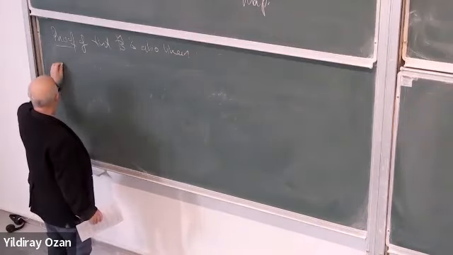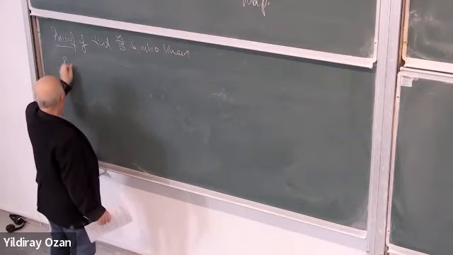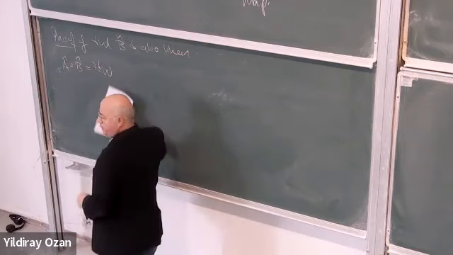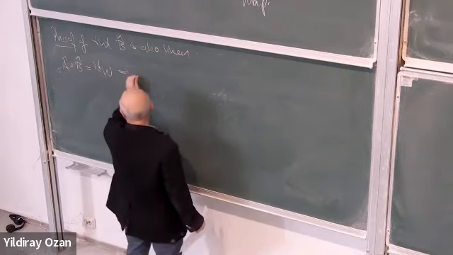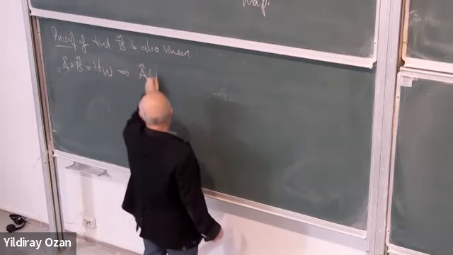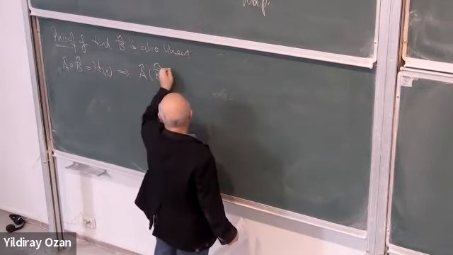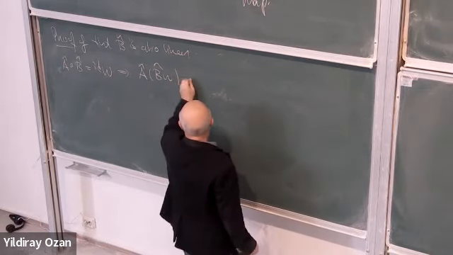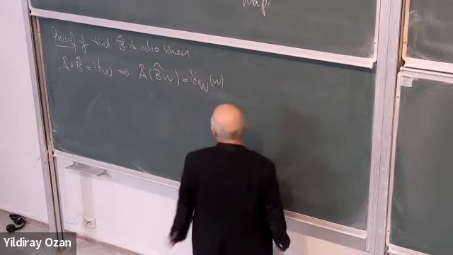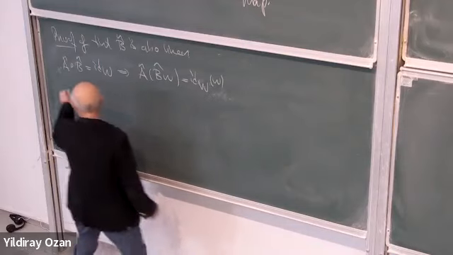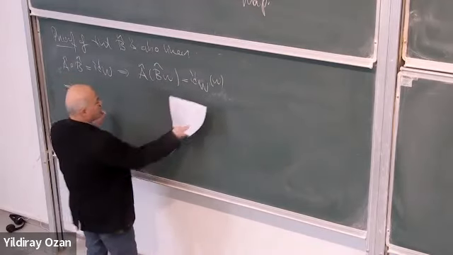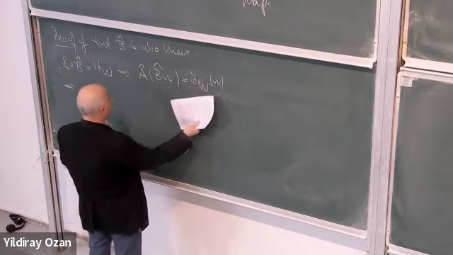Now A hat composition B hat is identity of W, which implies that for any w, I have identity of W of w, which is of course w.